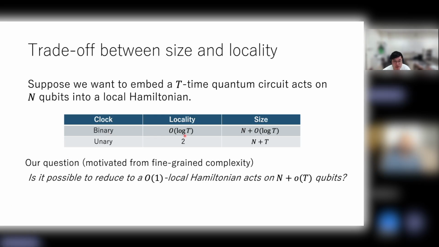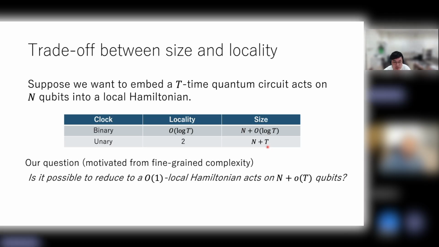With binary clock, we have very small size overhead. Here, size overhead is the size of the clock register. But the locality grows as log t. Using unary clock, we have very good locality, but the size overhead is huge, linear in t.